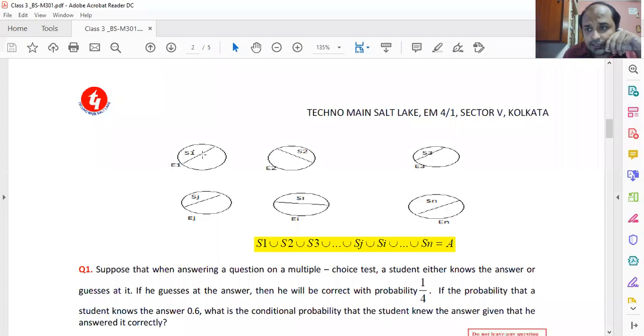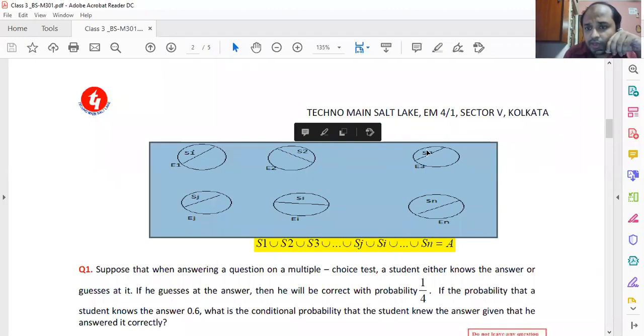Now each event has sub-events. S1 is the sub-event of E1, S2 is the sub-event of E2, S3 is the sub-event of E3, and so on. Sn is the sub-event of En. If we combine these sub-events together by union, S1 union S2 union S3 union dot dot dot union Sn, then let us name this sub-event as capital A.